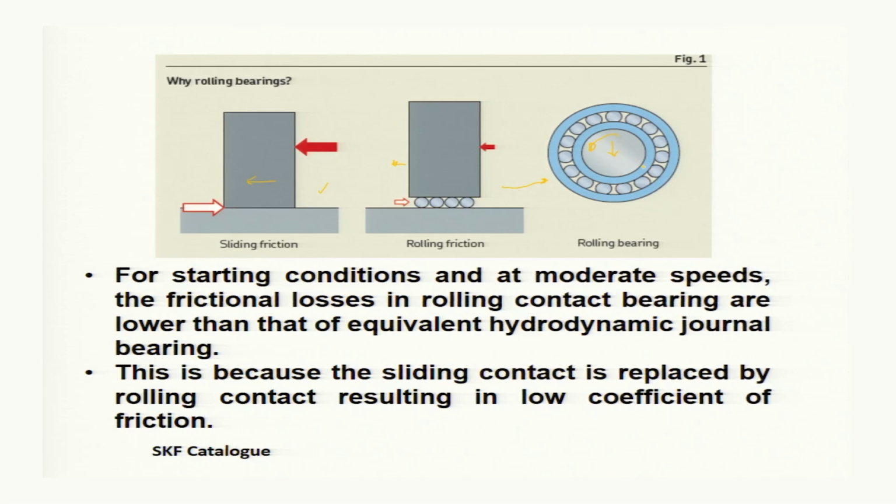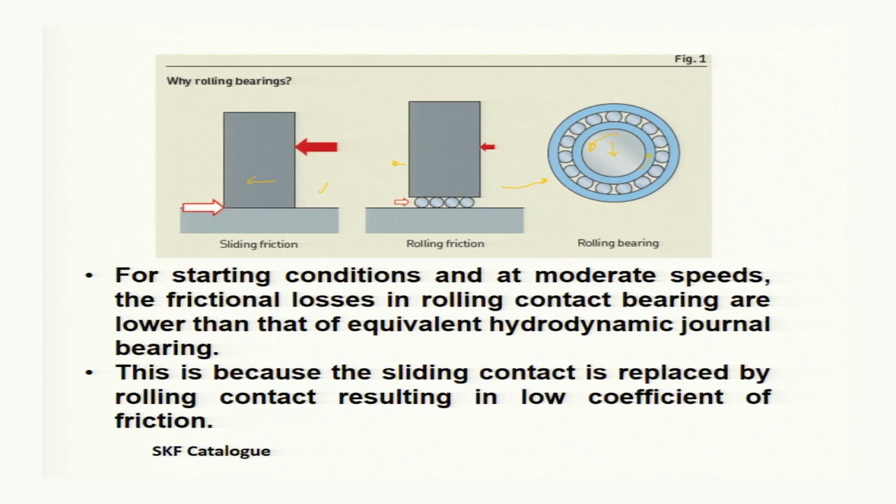The inner race will rotate with the shaft, and so the inner race will also move like this. In some applications, the inner race is fixed and the outer race is moving. So that may be the case also.